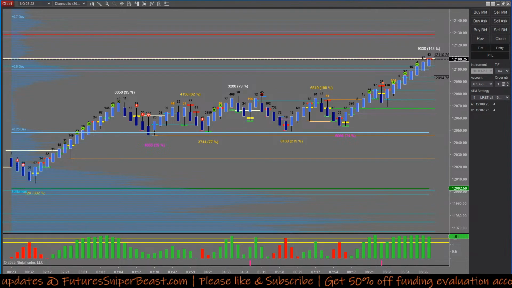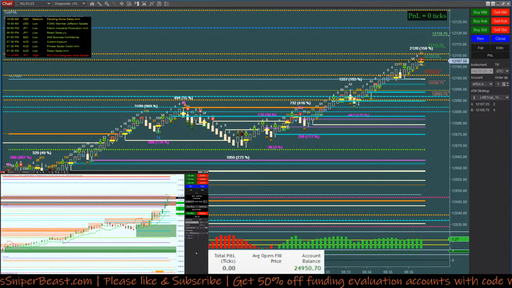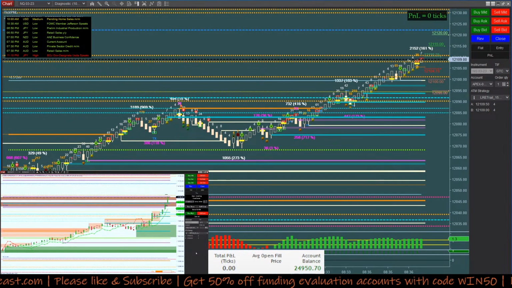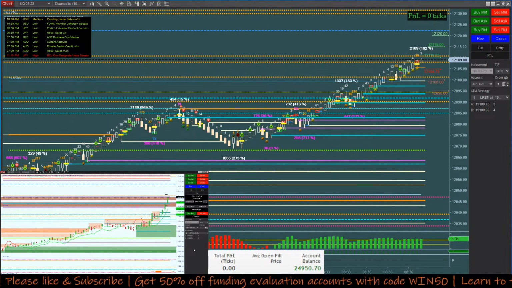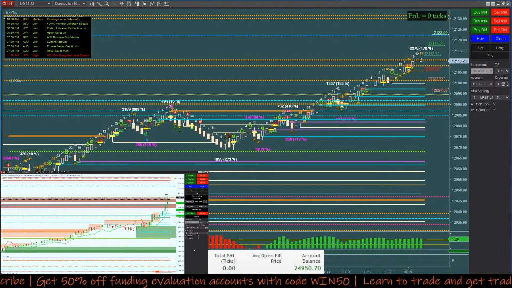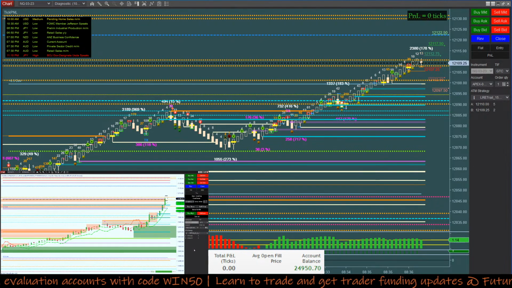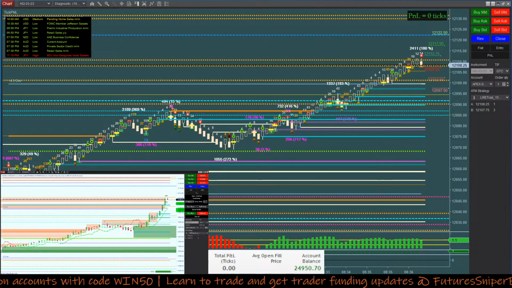Mini magnet ZOI. Let's see what happens here. If we can bust straight through all this and then come back, give a pullback around there, that'd be nice. There's not much else of a target up there, though.